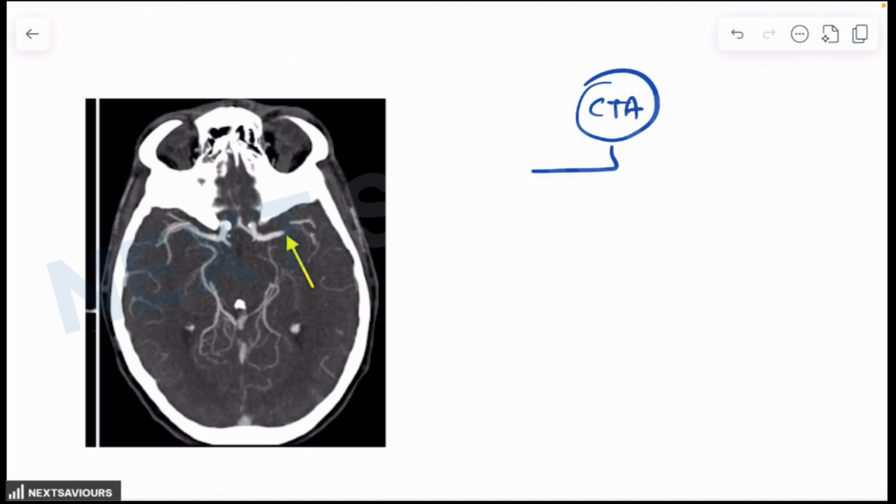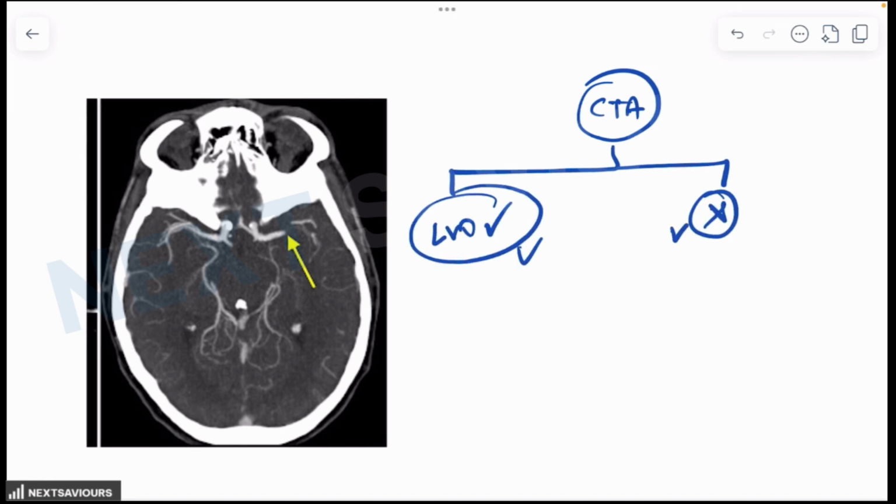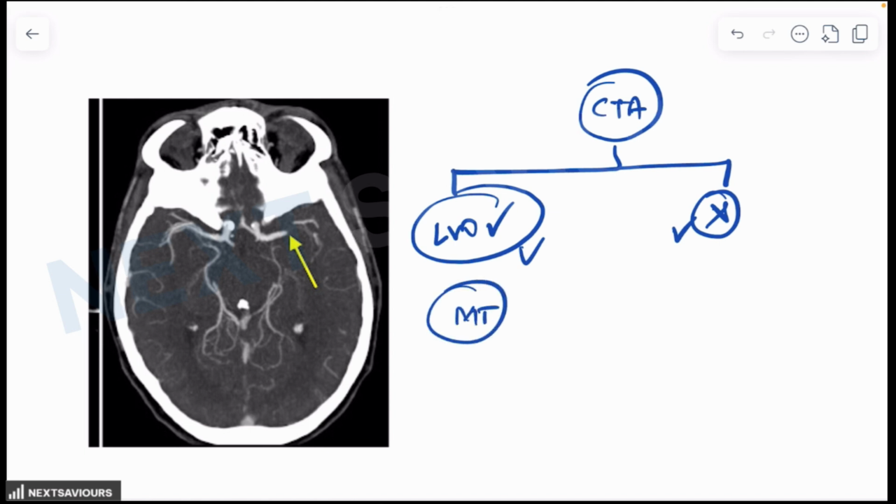Now on the basis of the CTA, we will identify whether the large vessel occlusion is present or not, because it will help you in deciding the management, whether mechanical thrombectomy can be done or not. Imagine, like in this case, there is a clear-cut evidence of a large vessel, that means middle cerebral artery occlusion present on the CTA.